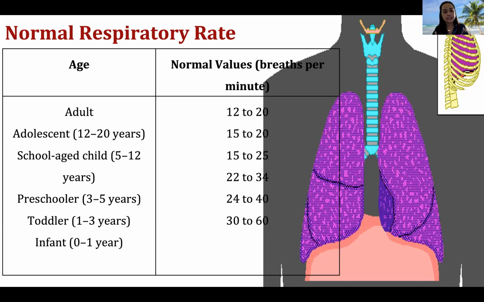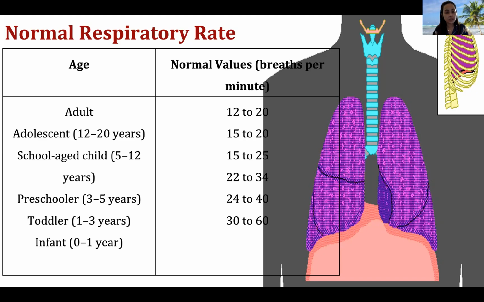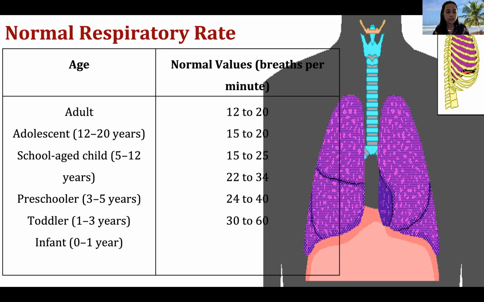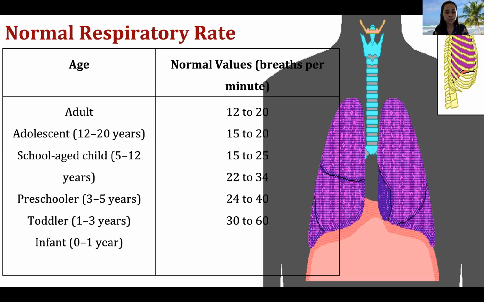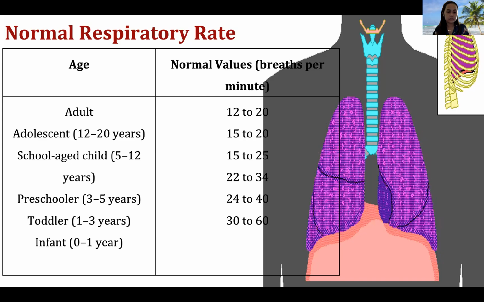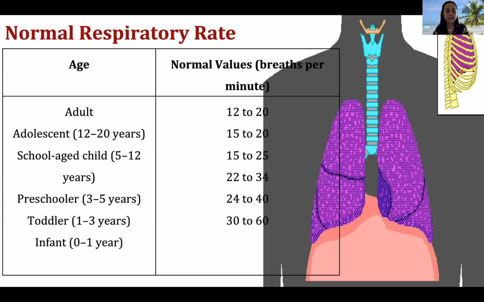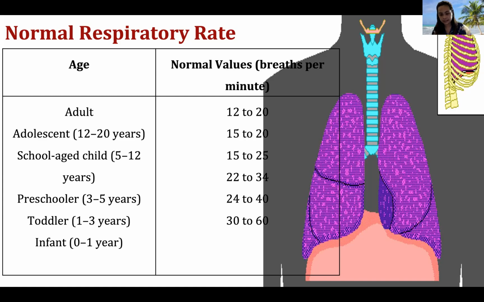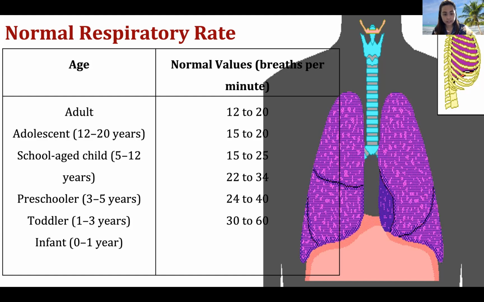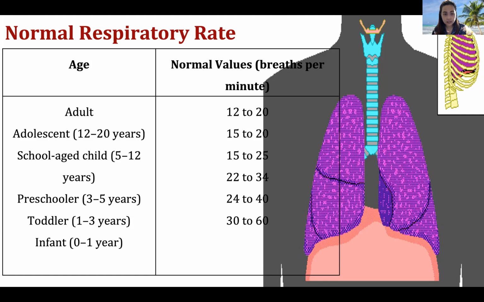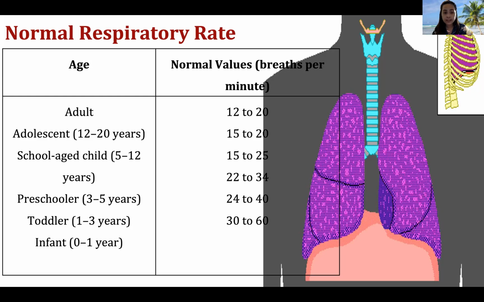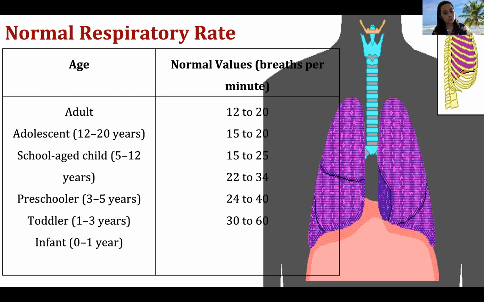Adolescent 12 to 20 years, it's 15 to 20. School age 5 to 12 years old, 15 to 25. Preschooler is 20 to 34. Toddler is 24 to 40, and infant is 30 to 60. You will notice as the patient's age decreases, the respiratory rate increases. As the person's age increases, the respiratory rate decreases.